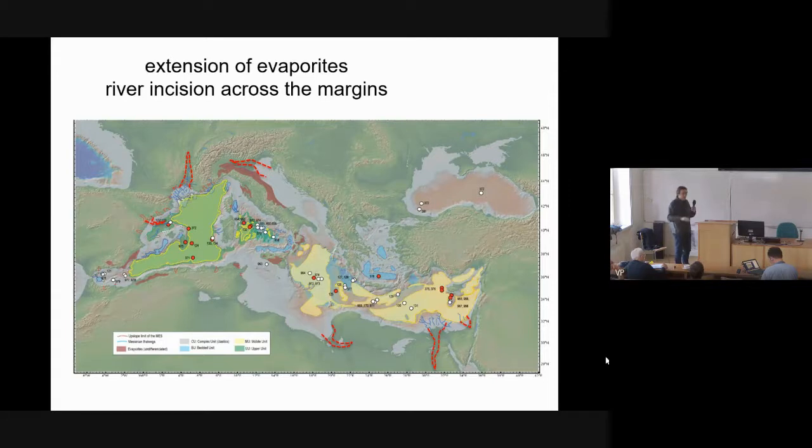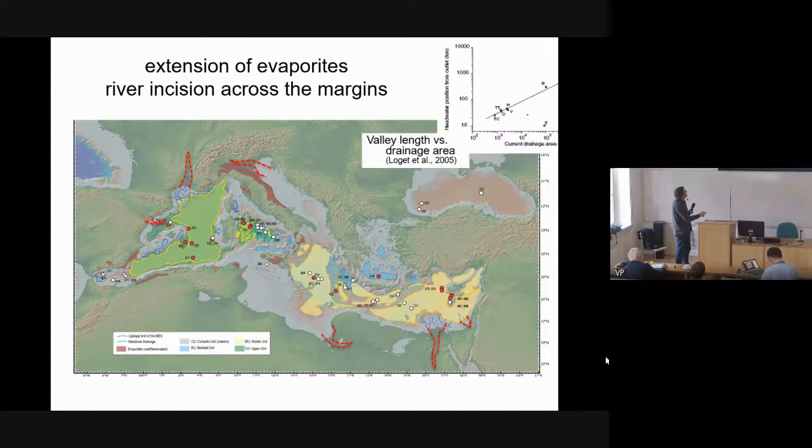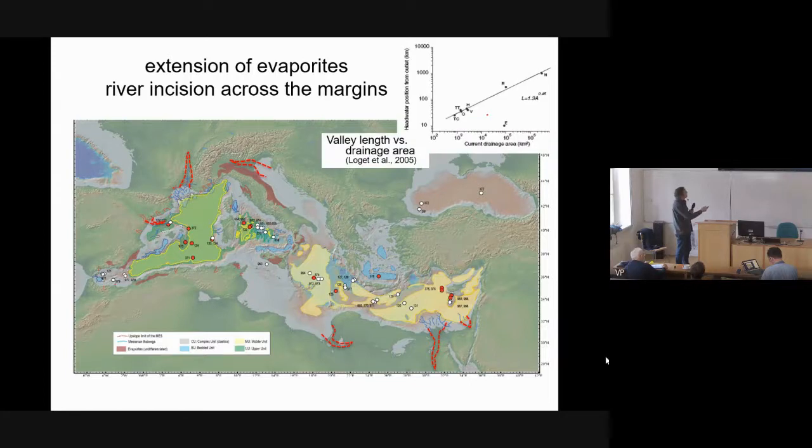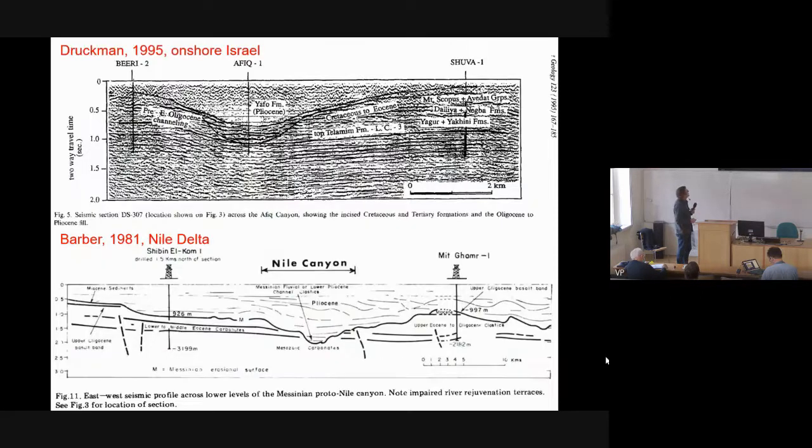Because of the lowering of the base level of the Mediterranean, streams propagate upstream an erosional wave that, according to these authors, propagates further upstream, that's in the vertical axis, depending on the area and the drainage area of those rivers. So that is a first hint that there was actually a significant lowering of the base level.